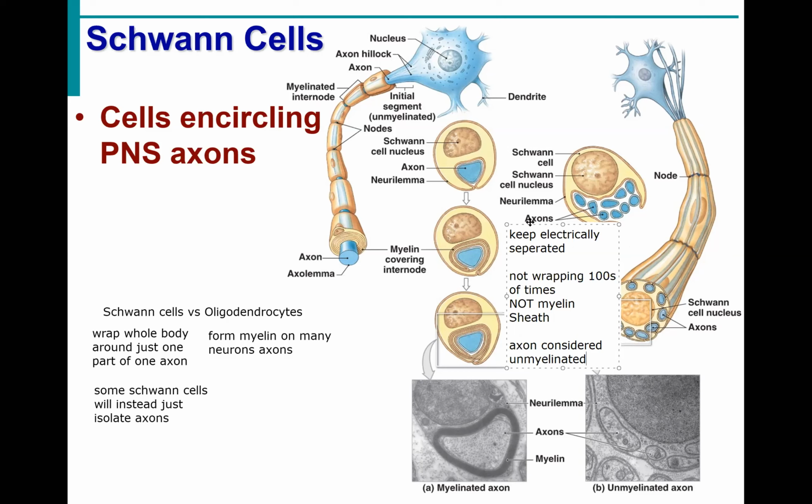We still want to insulate them and keep them separate, but they are not myelinated, and because of that, they do not get that speed boost. They don't get the same increase in speed that the myelin provides.